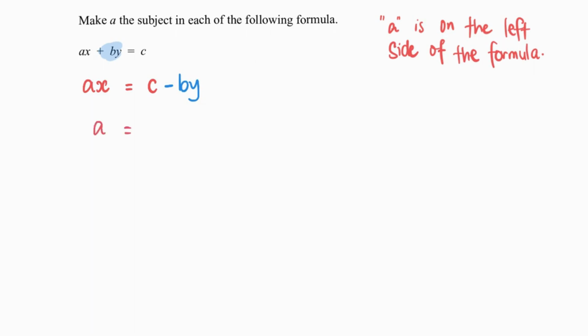And you will see that this will become this. And with that, we've got the final answer. A is the subject in the following formula, and A is on the left hand side.